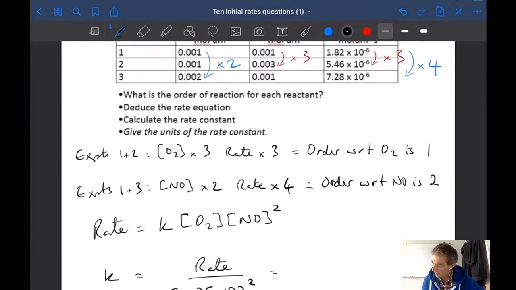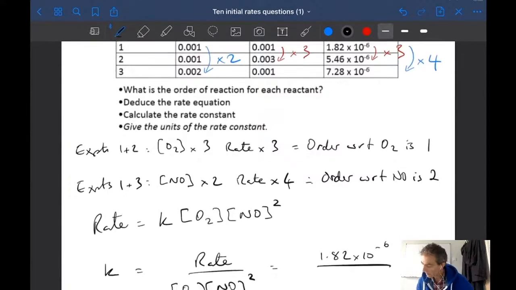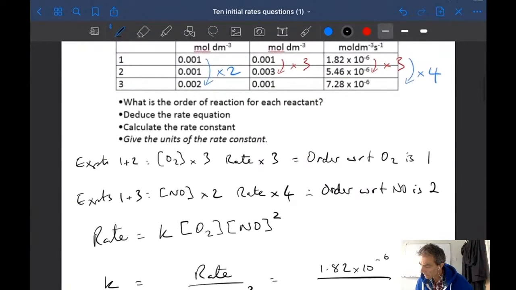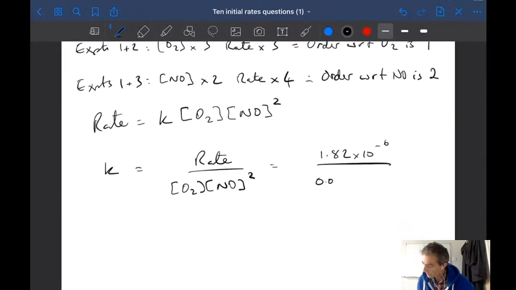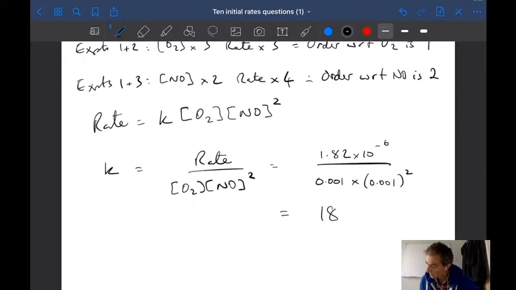So that is rate for row 1, which was 1.82 times 10 to the minus 6, divided by, they're both at 0.001, so 0.001 times 0.001 squared. And that comes out at 1,820.